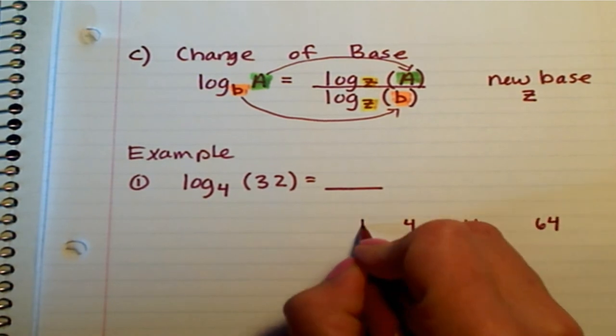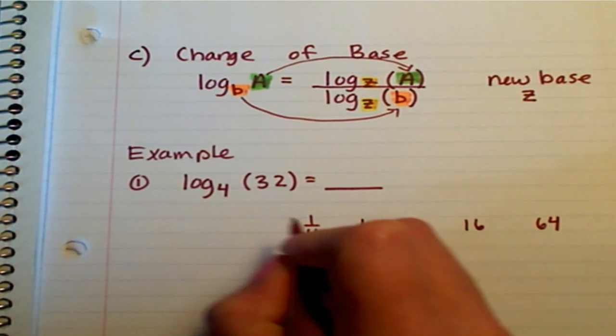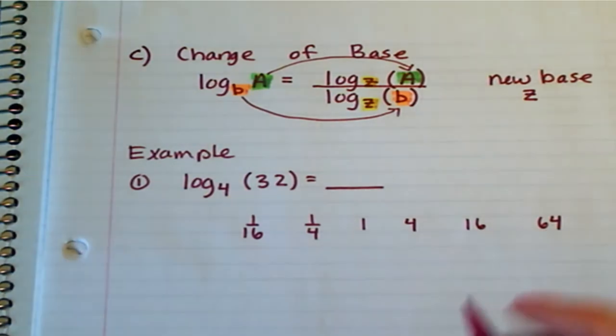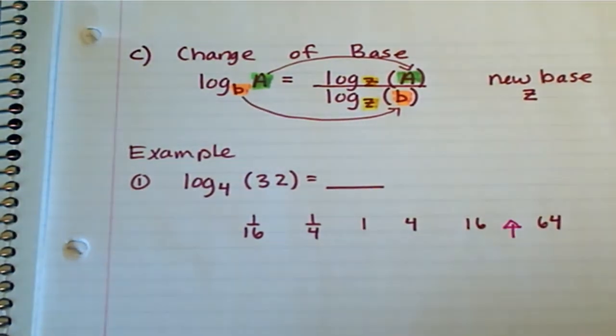Uh-oh. I think the visual helps significantly here. And it's kind of iffy because 32 comes in right here. So it's not a power of 4. Ooh. So what am I going to do?